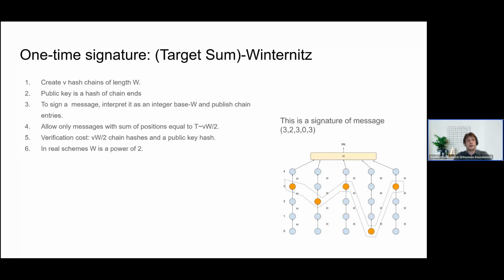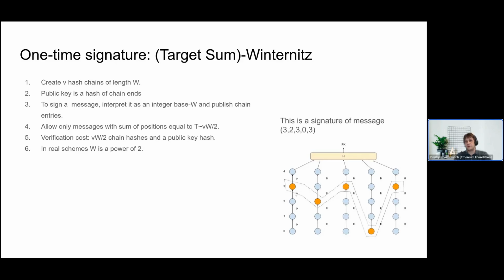Basically what happens is that we publish these chain elements. We publish chain element number 3 from the first chain, chain element number 2 from the second chain, chain element number 3 from the third chain, and so on.